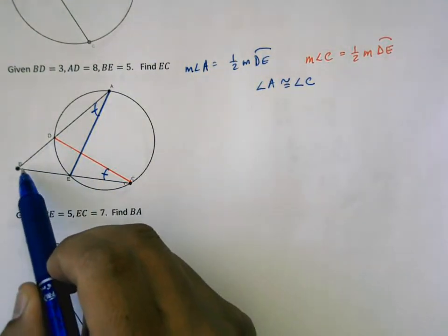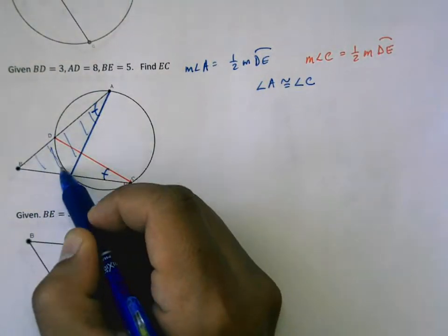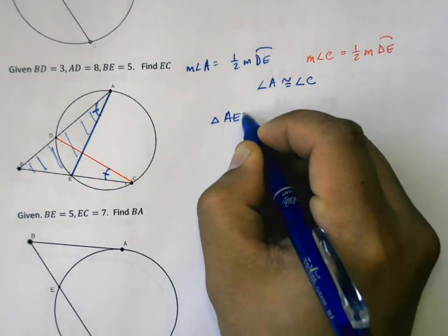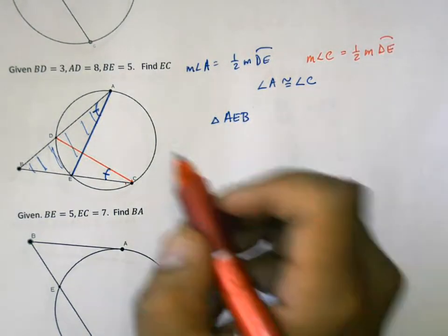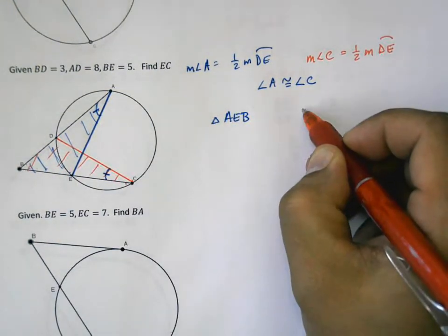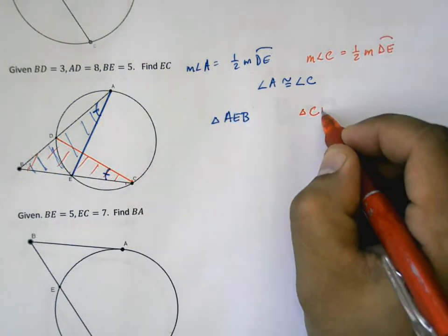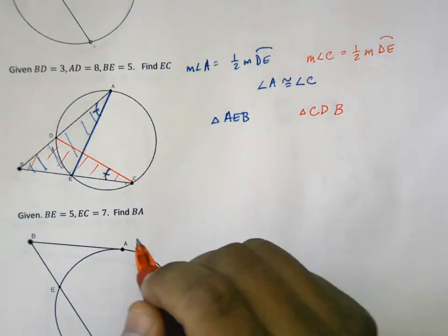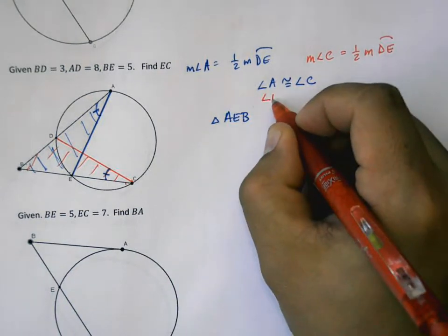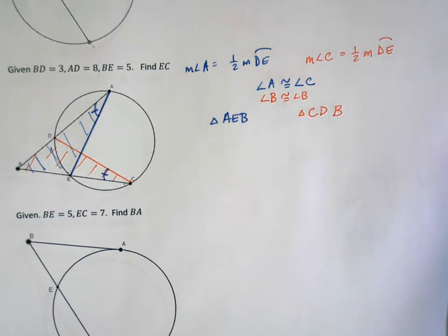If you look at this particular picture, the blue triangle has angles A, E, and B. And the red triangle has angle C, which is congruent to A, D, and then B. Now, the nice thing about using these two triangles is that they share angle B. So I should write a little note here that angle B is congruent to itself, and this is the reflexive property.